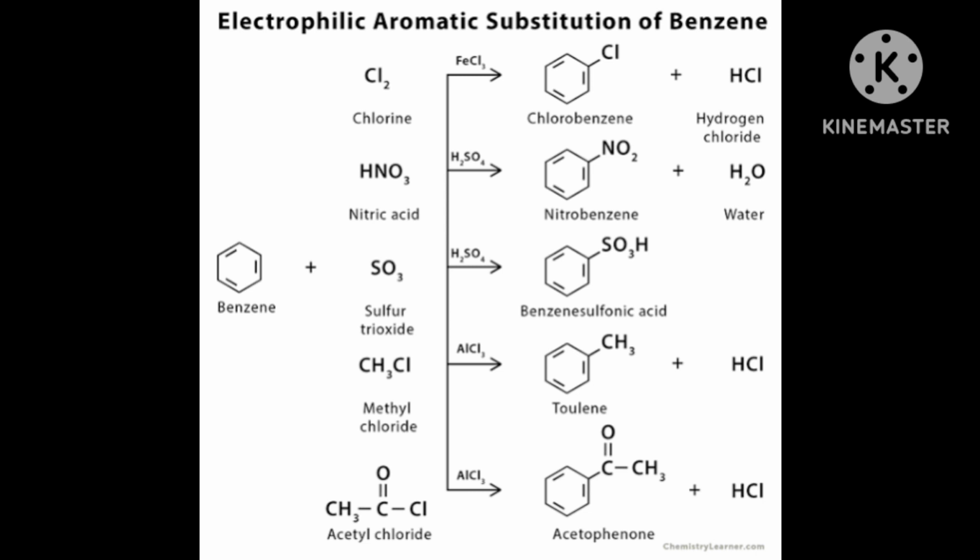OH attached to the carbon, and that carbon is attached with three alkyl groups. Hence it is called tertiary alcohol. Because each alkyl group means what? Carbon, so this carbon is attached with 3 carbon. That is tertiary alcohol.